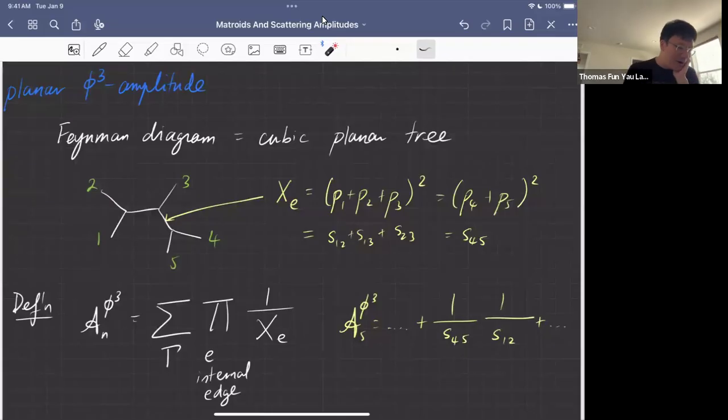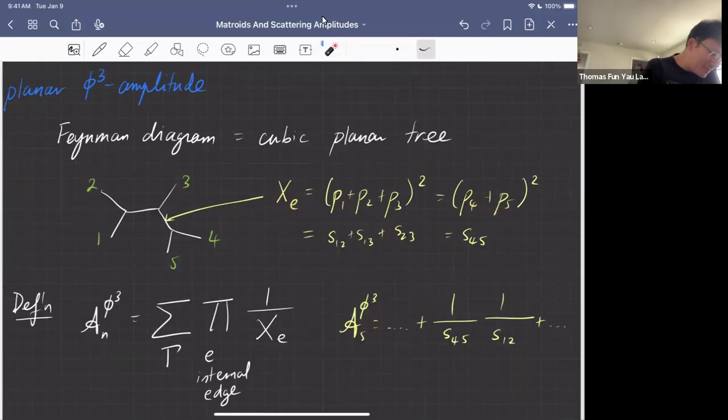And then how do I write this rational function? You associate to every interior edge of your cubic planar tree a propagator x_e. So e is an edge, and x_e is the square of the momentum traveling along the edge.